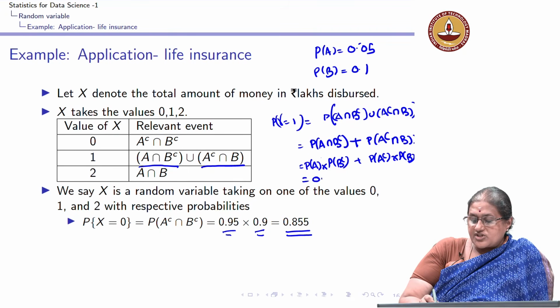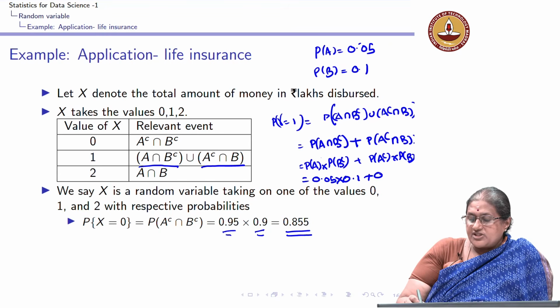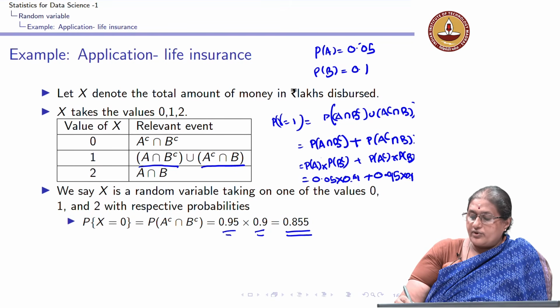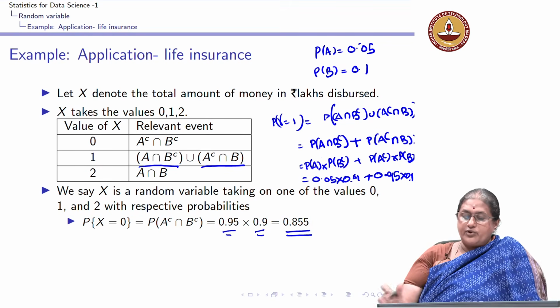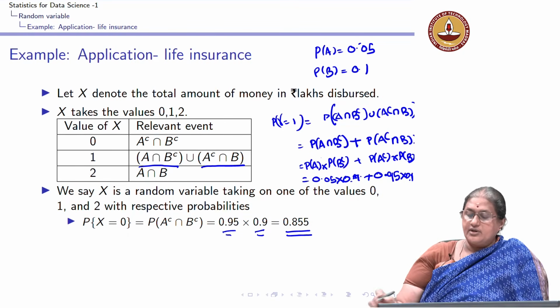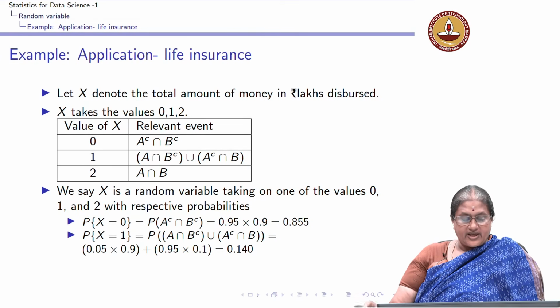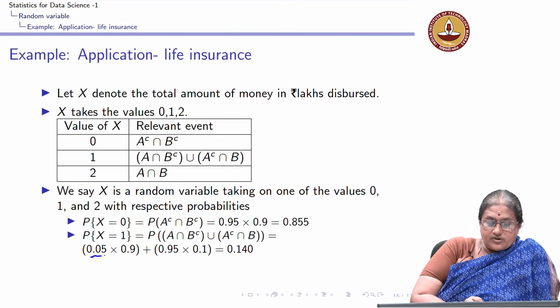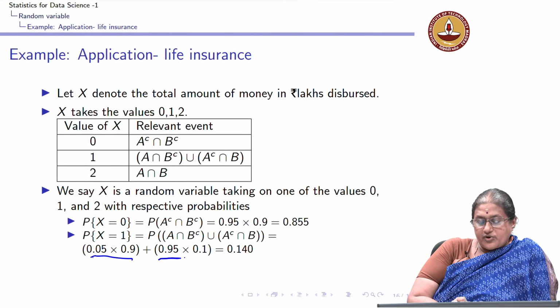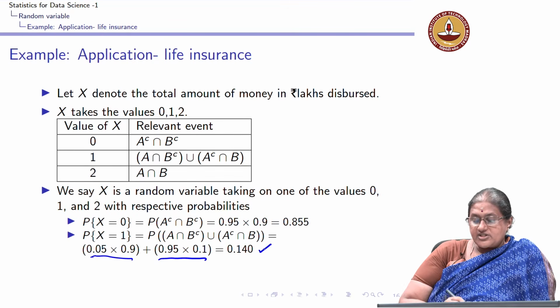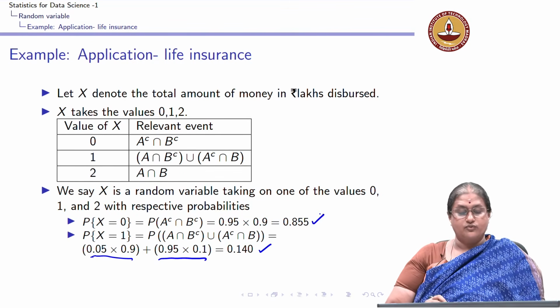So, I have this as 0.05 into 0.9 plus 0.95 into 0.1, that is my probability x equal to 1, which is 0.140.